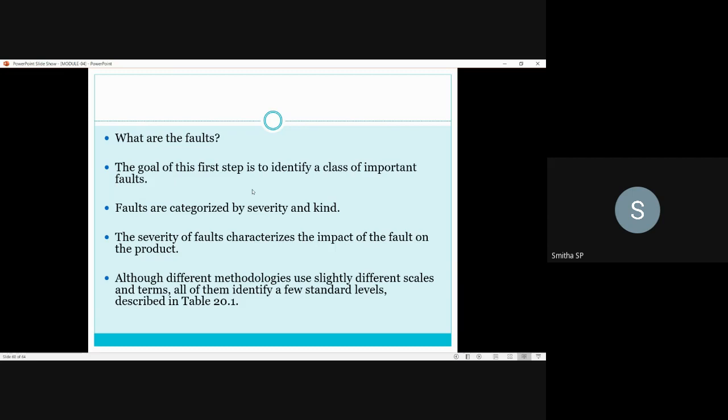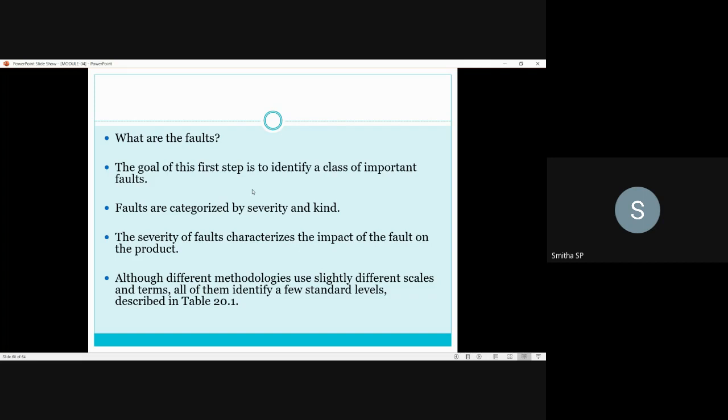Based on that severity, the impact on the product will vary. A critical fault has more severity, a severe fault has less impact compared to critical, and a moderate fault has somewhat less impact than severe and critical faults.